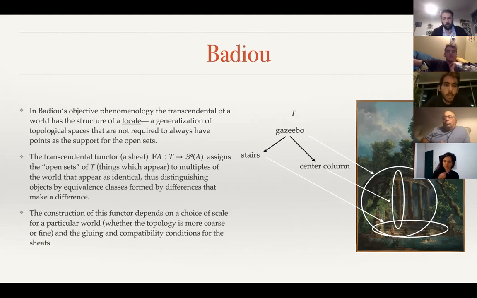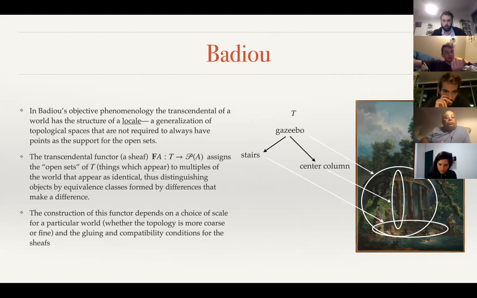Anyways, this is the intuition of why something like a locale is interesting. It's an important point, because the whole theory of points in Badiou is a totally separate thing that comes after the logic of the transcendental, since points are not guaranteed to always exist at the basis of every one of these open sets.